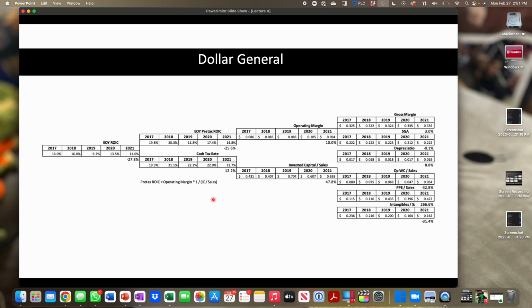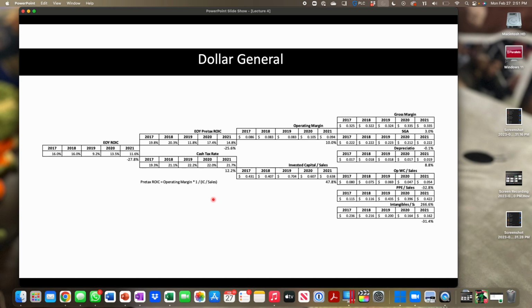Okay. And then looking for the operating margin from 2017 they got 0.086, 2021 is 0.094. The operating margin is increasing, and look over for the gross margin, SG&A and depreciation. It seems like their gross margin is clearly from 0.325 to 0.335, which is increasing a lot.